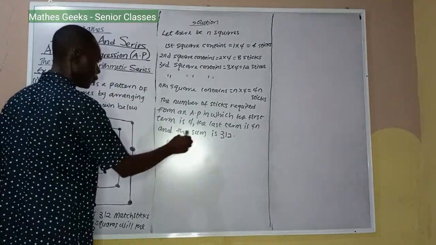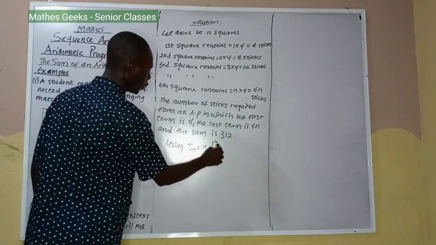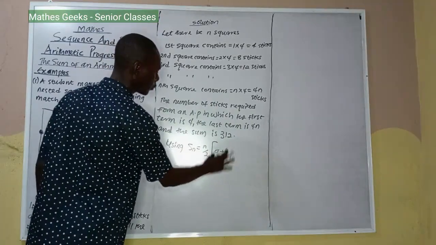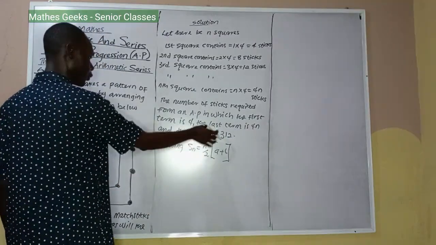So using Sn is equal to n over 2 times (a plus l), where Sn is the sum.